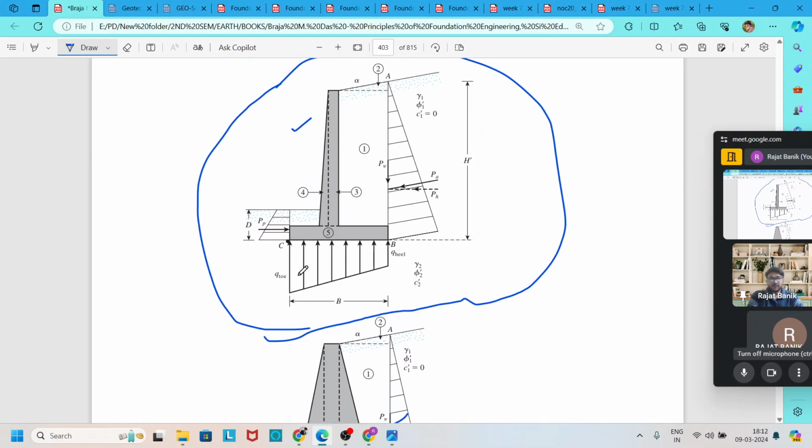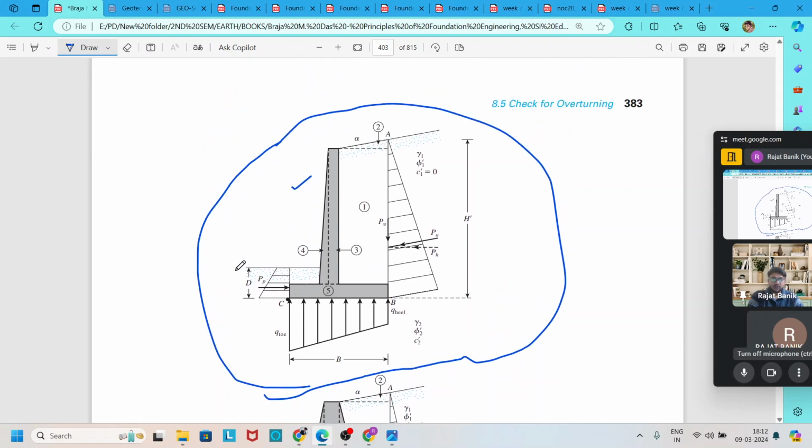In a cantilever retaining wall, if soil is present on this side, it acts as a passive thrust. If soil is present on this side, which is the retained backfill, then the pressure acts as an active thrust. And below the cantilever, we see that bearing pressure is acting.